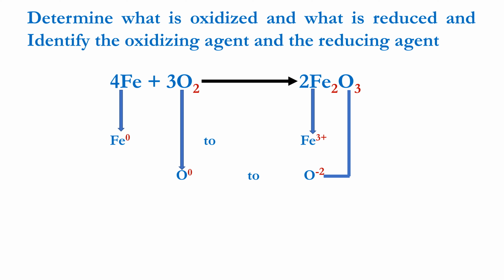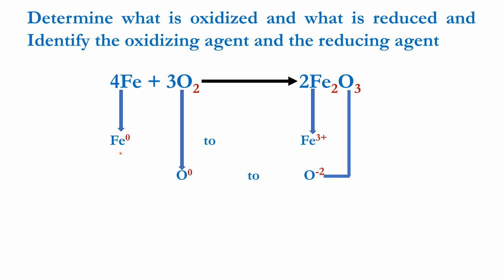Let's have a look at another example. Determine what is oxidized and what is reduced in this equation, and identify the oxidizing agent and reducing agent. So we follow the same method. We first of all assign oxidation numbers to all elements in both the reactant and the product side.